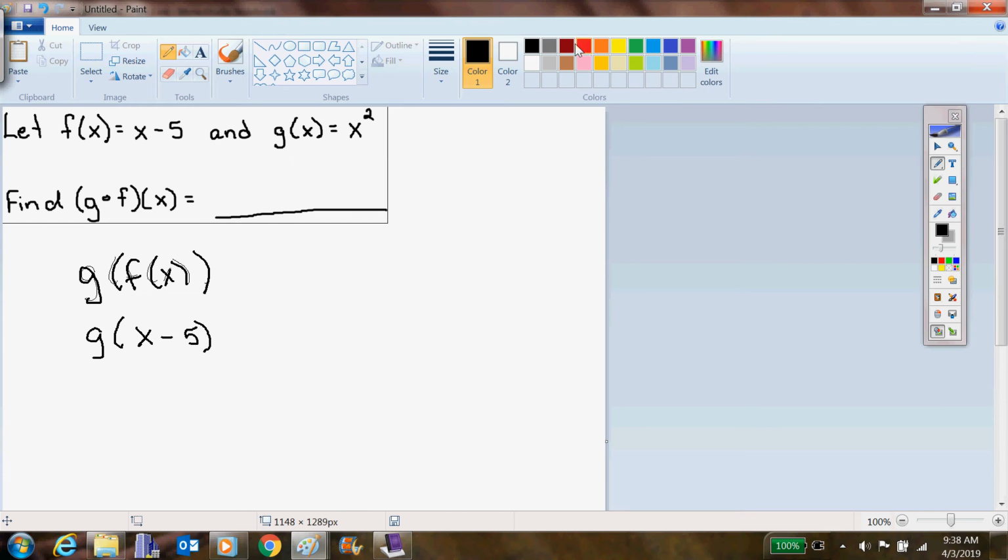And what this means is that you're going to take x minus 5 and go to the g function and put x minus 5 in where this x is, and put the square with it. So what this turns into is x minus 5 squared, because you're taking the g function and applying it to x minus 5.